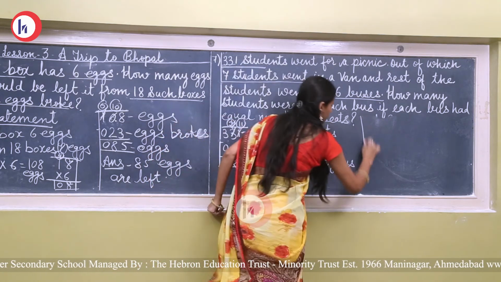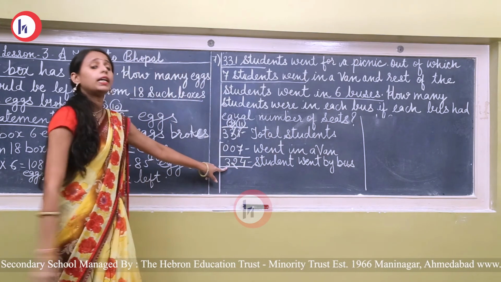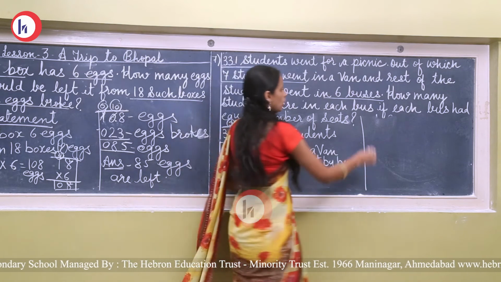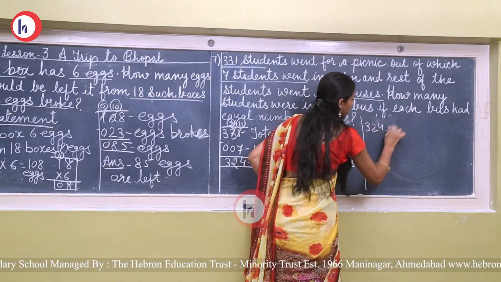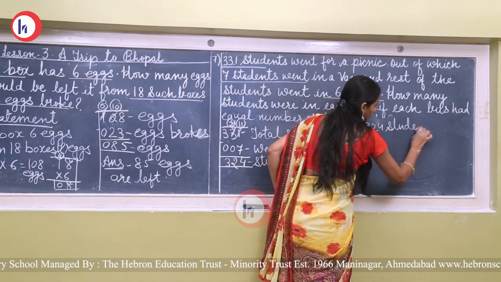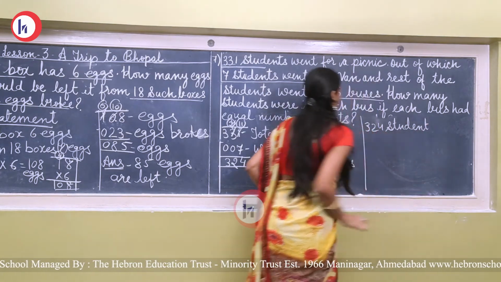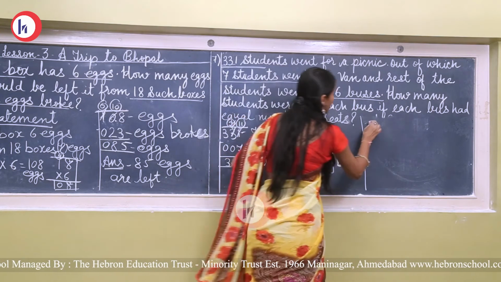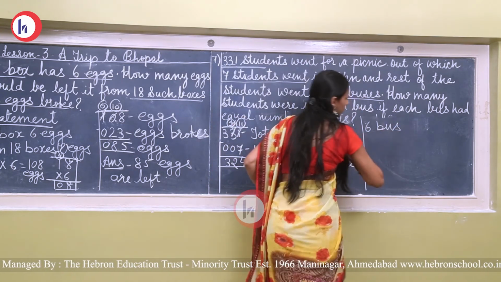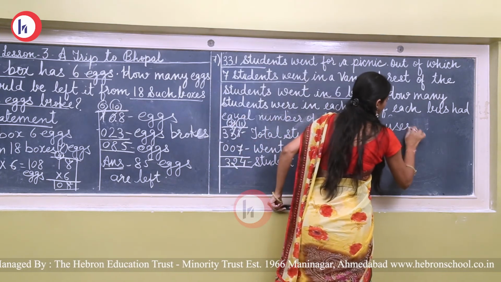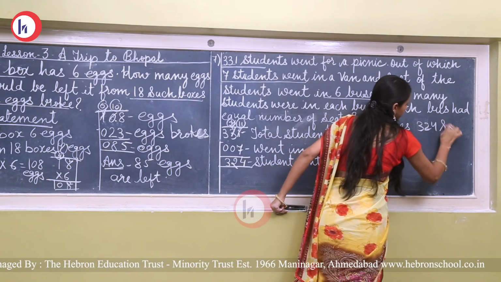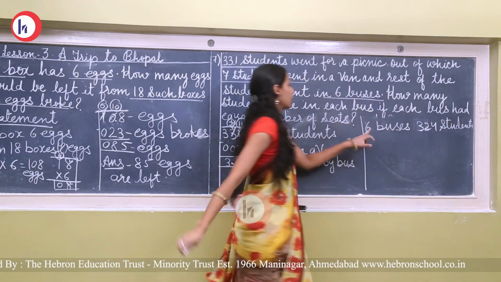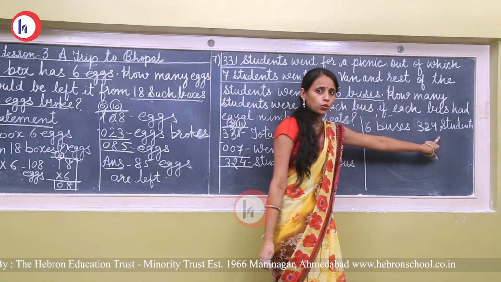Okay, now see, for 324 students, how many buses are there? 6 buses. So 324 students, 6 buses, 324 students. ओके 6 बस में 324 स्टूडेंट जाएंगे.